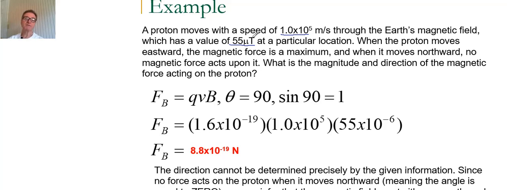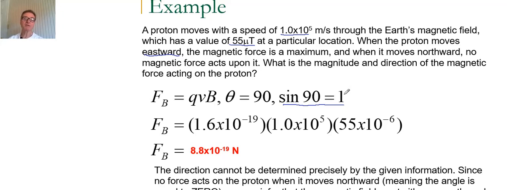When the proton moves eastward, the magnetic force is at a maximum. When it moves northward, no magnetic force acts upon it. So we want to know when it is moving eastward, what's the magnetic force? It's at a maximum, so the sine of 90 degrees is 1, because the maximum the sine of any angle can be is 1.